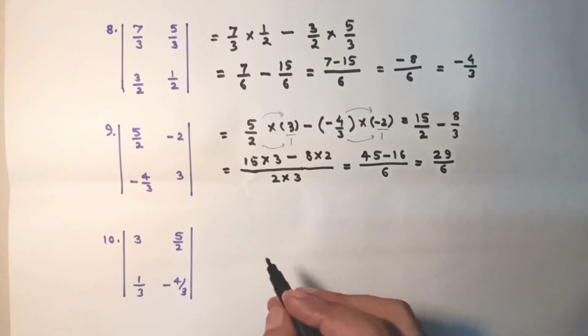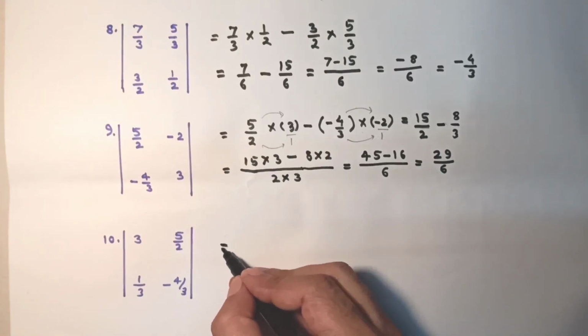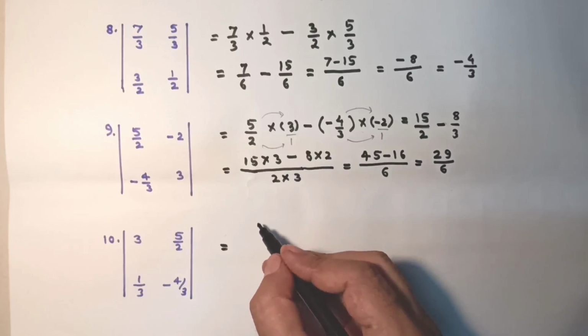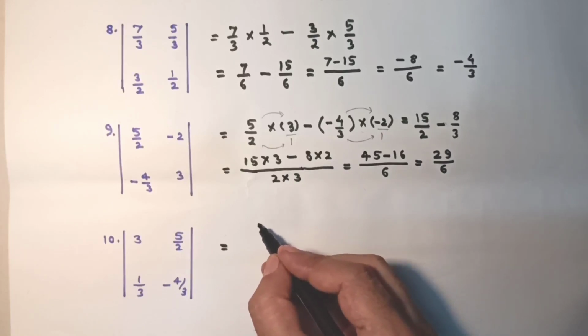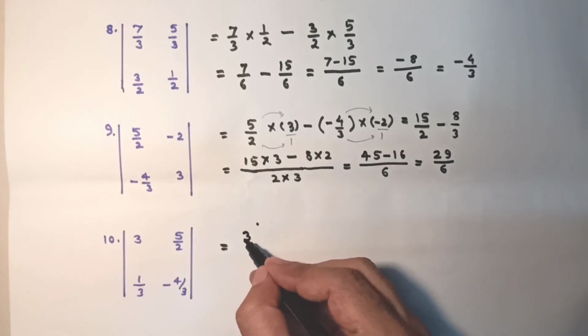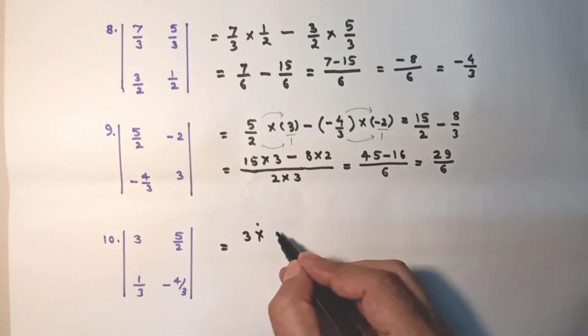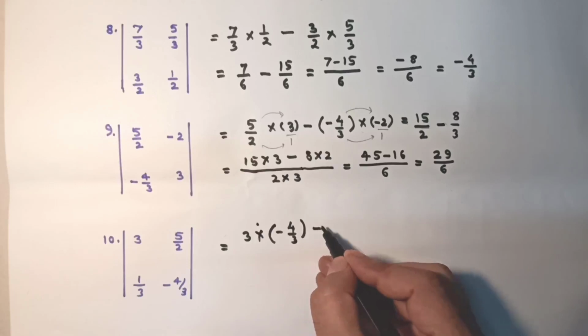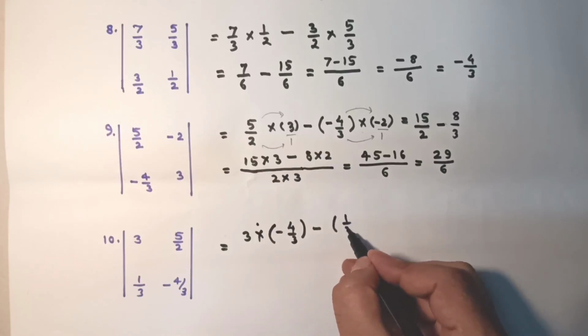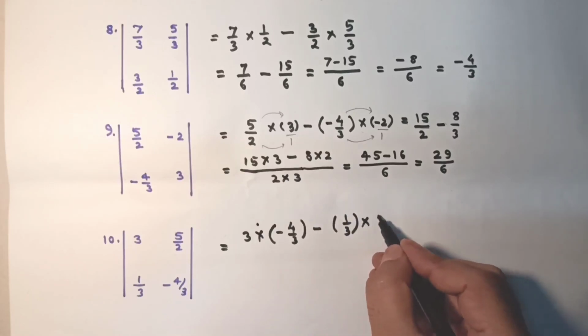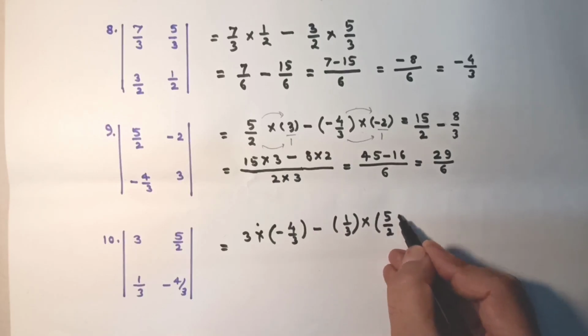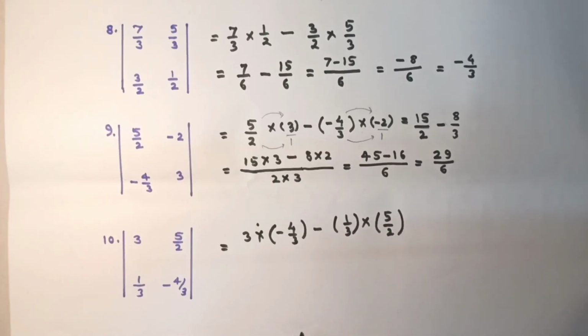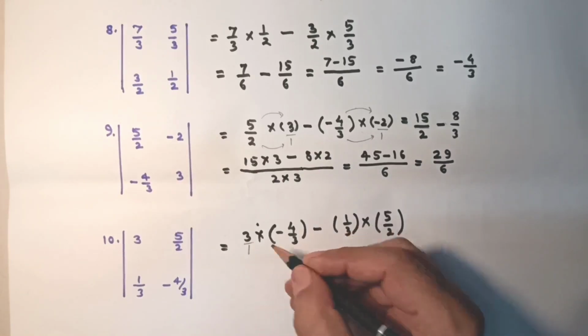Now next question is 10th question. Same way, write 3 into minus 4 upon 3 minus 1 upon 3 into 5 upon 2. As I said, 3 is nothing but 3 upon 1.